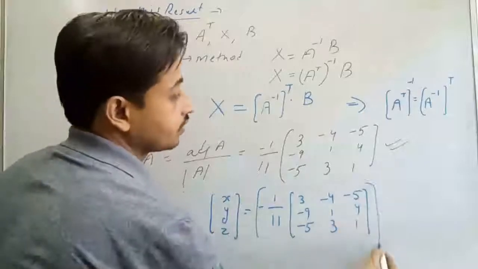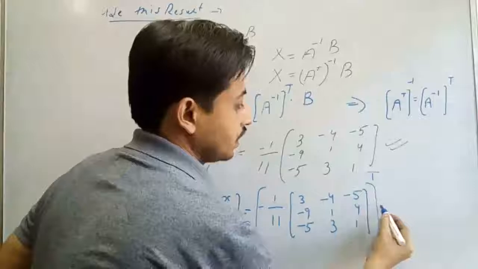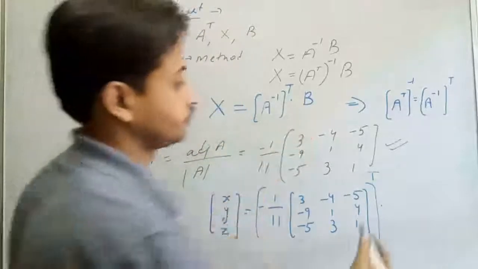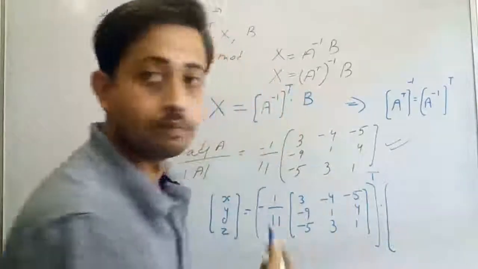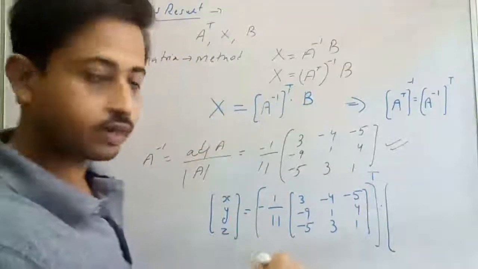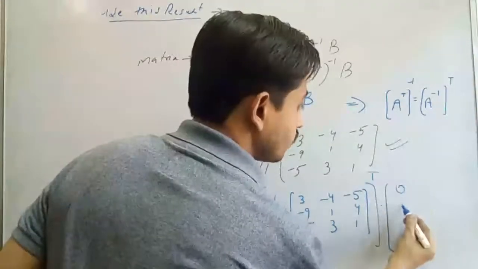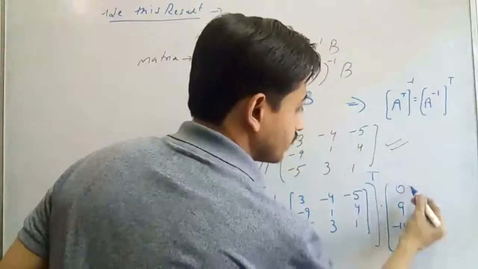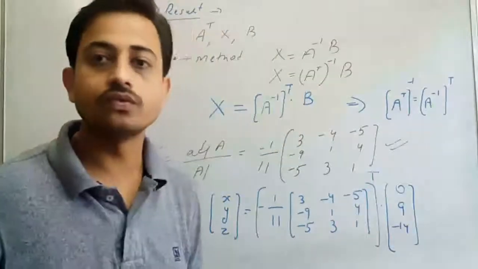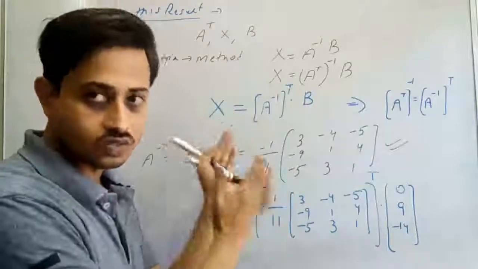We also have to take the transpose, into B. B is what? We have to note it from our previous case: 0, 9, -14. We have to solve this. So please make a note and clear this concept.